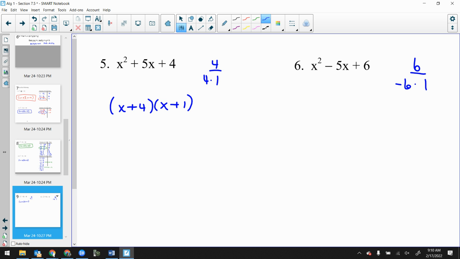Oh, no. See, that doesn't work. Negative 6, but what would that add together to get? Negative 7. Is there another option? 2 and 3. Negative 2 times negative 3. Yeah? See, this is a deceiving one. This one always trips people up because you think it's going to be 6 and 5, but it doesn't turn out to be 6 and 5. It turns out to be negative 2, negative 3. So it's x minus 2, x minus 3.